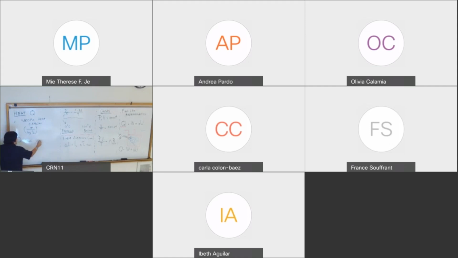Now, what does this value C mean? Which I might ask in the exam or in the quiz. The specific heat capacity is telling you how much energy in joules you need to raise 1 kilogram of a substance by 1 degree Celsius. So that is what this means. So obviously you need that to compute the value of heat.